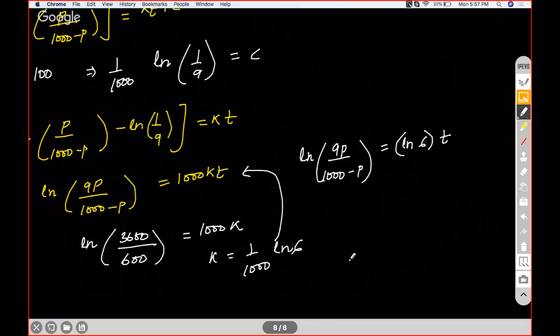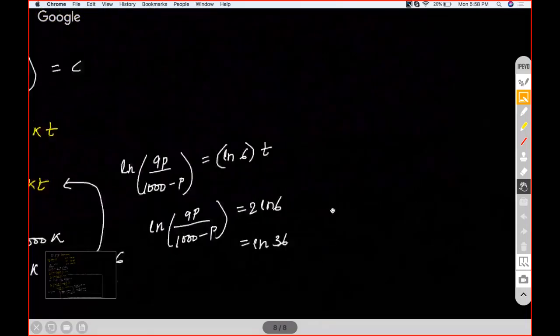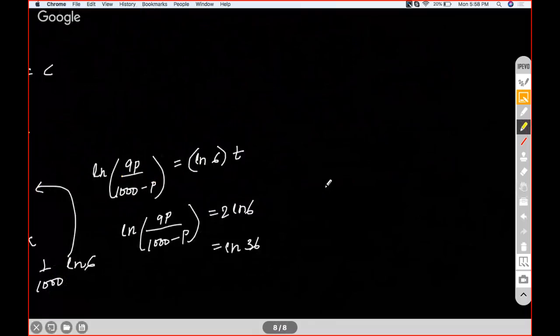Now they ask me what is p when t is 2. So ln(9p/(1000 - p)) is going to be 2 ln 6, which is nothing but ln 36. Now just compare the terms within the ln's. So 9p/(1000 - p) is 36.